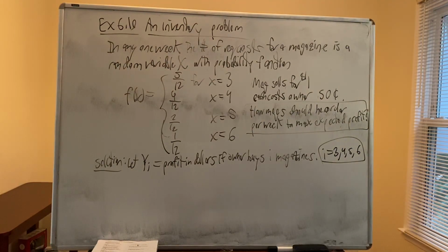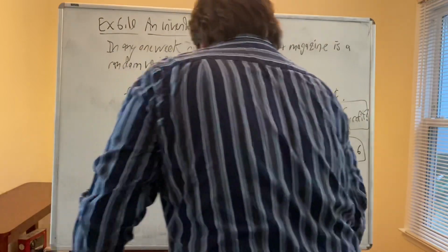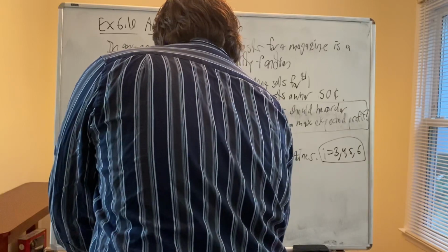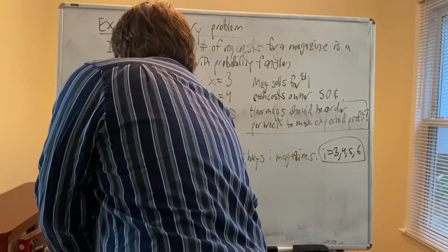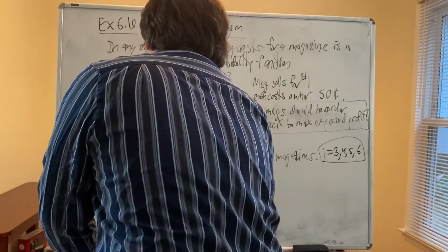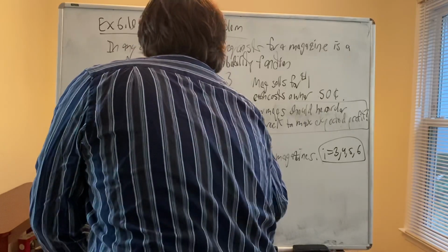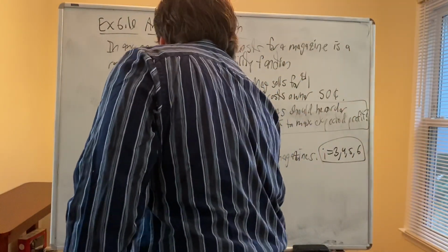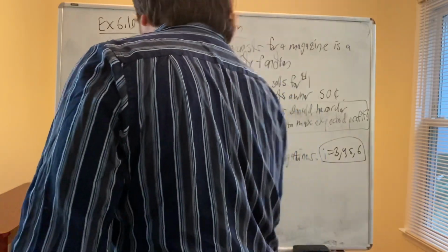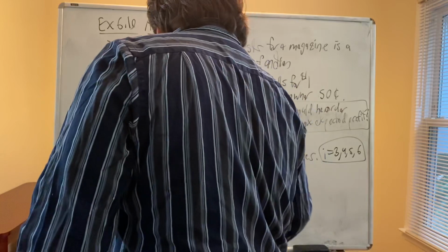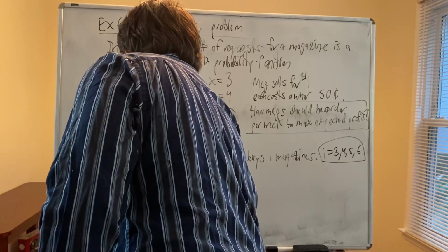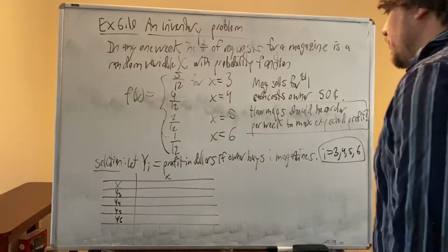Okay, so what I'm going to do is make a table here. It's going to be 3, 4, 5, and 6 rows. So x is going to go here, and then y sub 3, y sub 4, y sub 5, y sub 6 are the columns.